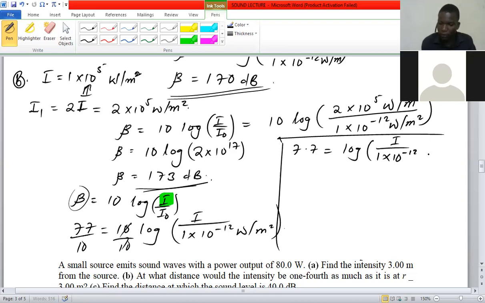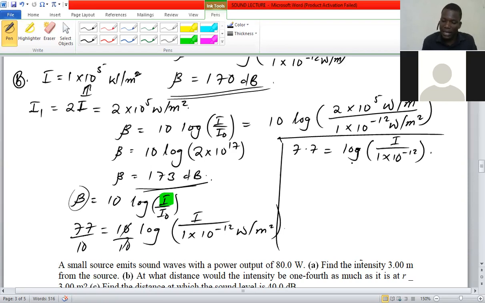I believe in mathematics you did something to do with logs. If a log is written like this, it simply means the log is to the base 10. So how do we remove the log?